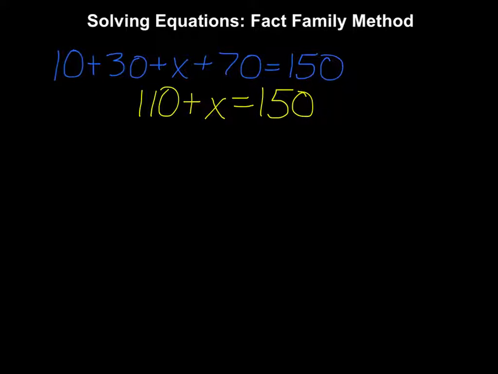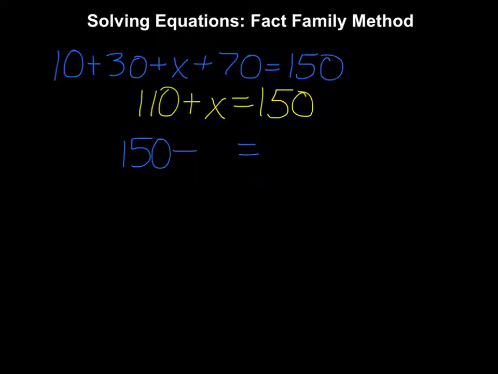From here we solve just like a normal fact family. So, since this is addition, the sum will stay in place, which means these two would just switch places. Well, that's not helpful. So we're going to obviously have to switch over to subtraction. And when I switch to subtraction, my sum will become my minuend.